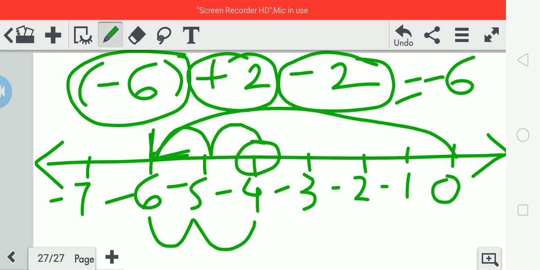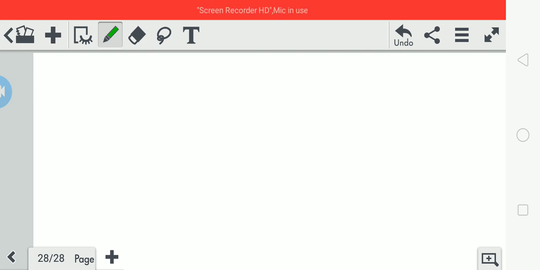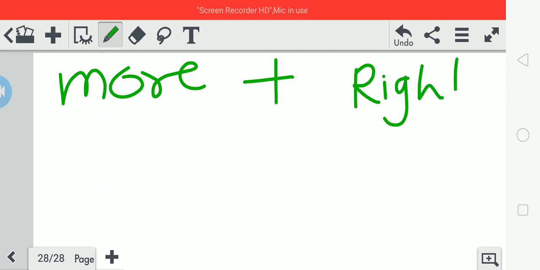So your answer in this case is minus 6. Hope you get a clear idea now. So let's summarize today's topic. Today's topic was addition of integers using the number line. When the word is addition, or the number is plus, go to the right side on the number line.